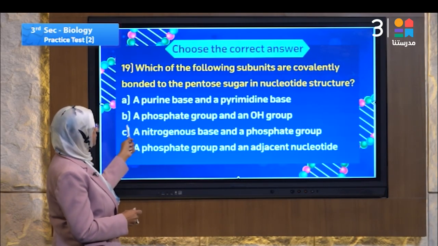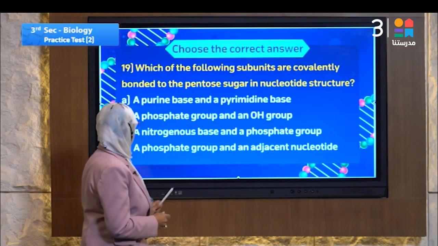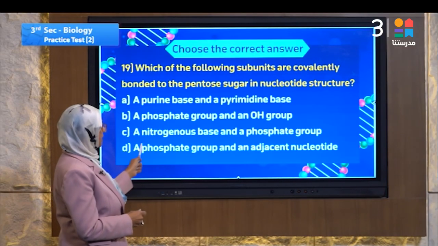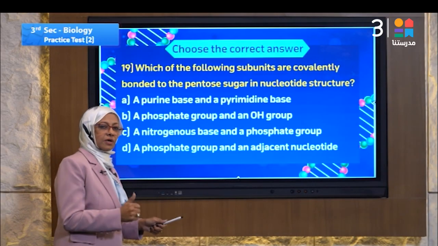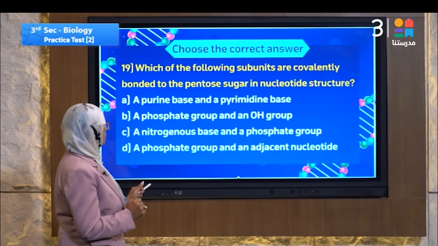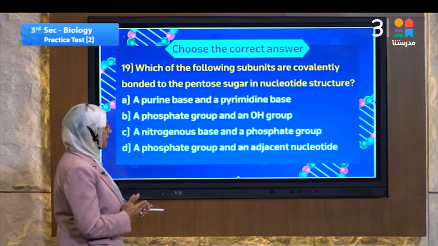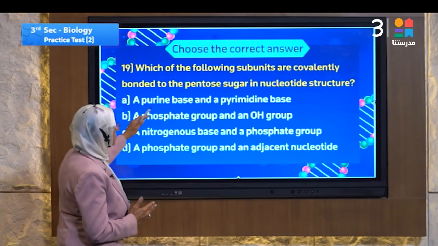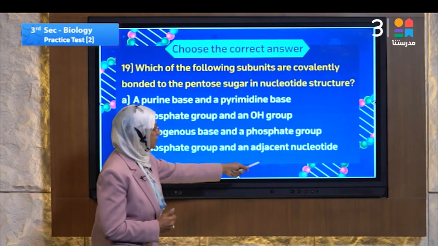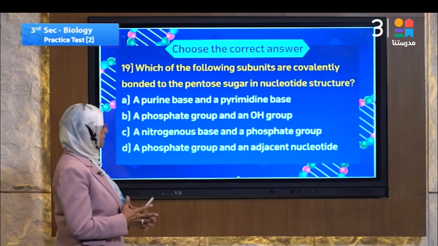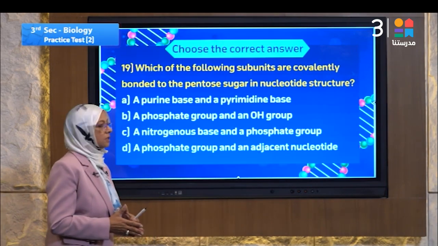Number B, phosphate group and OH group, nitrogenous base and phosphate group. We must find the covalent bond, and the bond here joins some parts of DNA. A phosphate group and adjacent nucleotide? No, I speak about covalent bond.